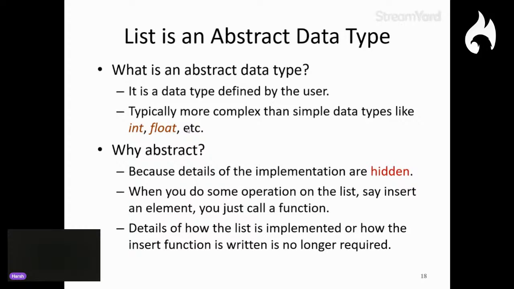So why abstract? Because we are implementing our own data type, we will have our own implementation. We just need to call the function and the rest is hidden. We don't need to repeatedly check if there is something complex to handle. If you want to insert or delete an element or do any operation on the element, we just have to write a function once and we can call it again and again.